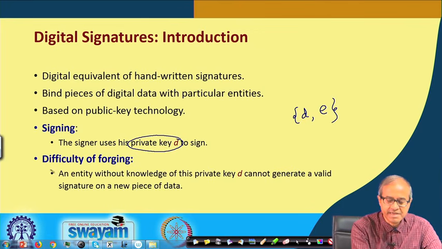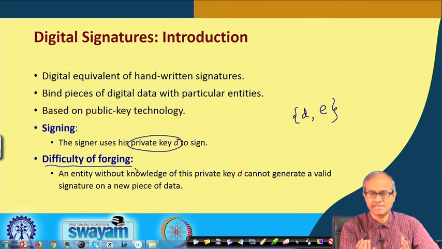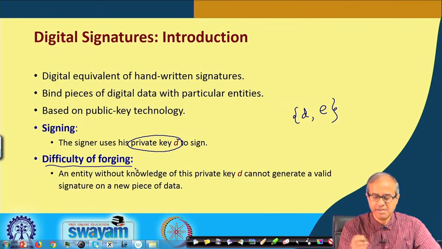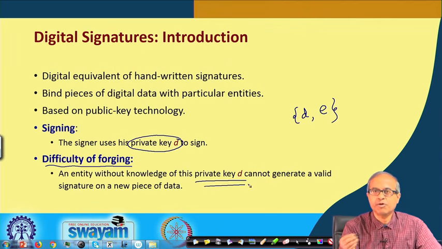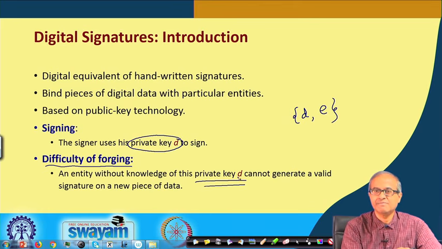And the point is that it is difficult to forge, because anyone else cannot generate the same signature, because the value of D is only lying with me, and it is not easy for anyone else to guess or break what the value of D was. Okay. So, this private key value D cannot be replicated by anyone else, and any entity without knowing D cannot generate the same valid signature. Okay. So, signature forging is not possible.